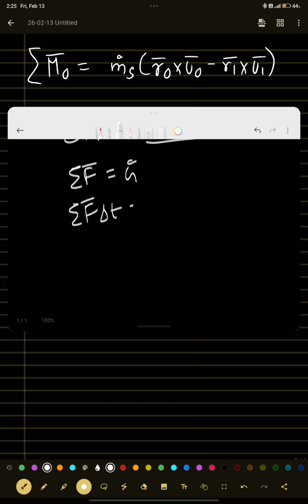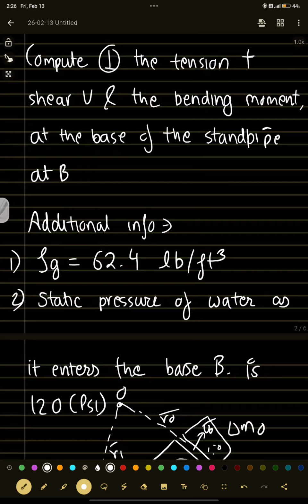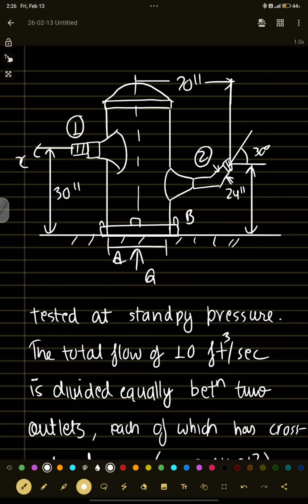So here you are having water entering at some flow rate, and this flow rate is divided equally in these two outlets. O1 is one outlet, O2 is another outlet. And you know the respective areas at the inlets and the outlets. So what you will be able to compute?